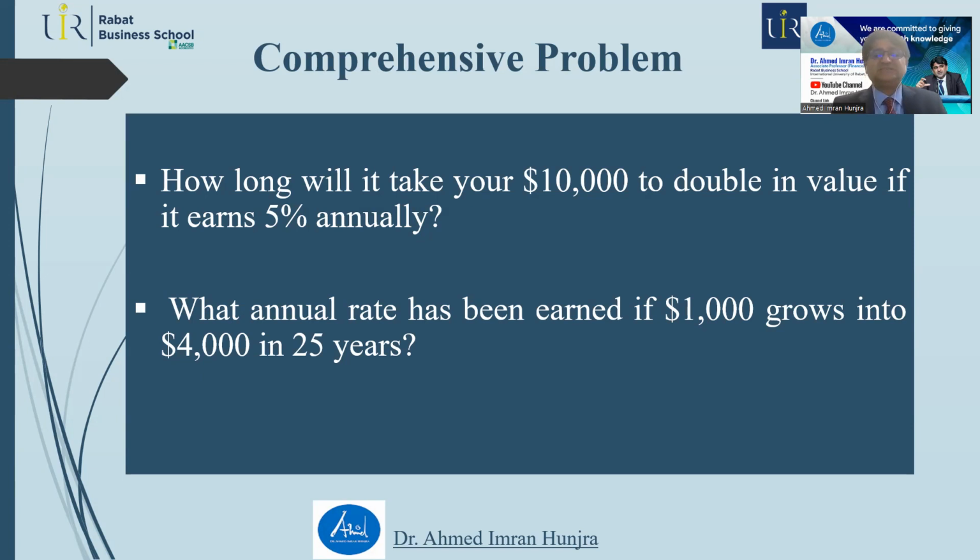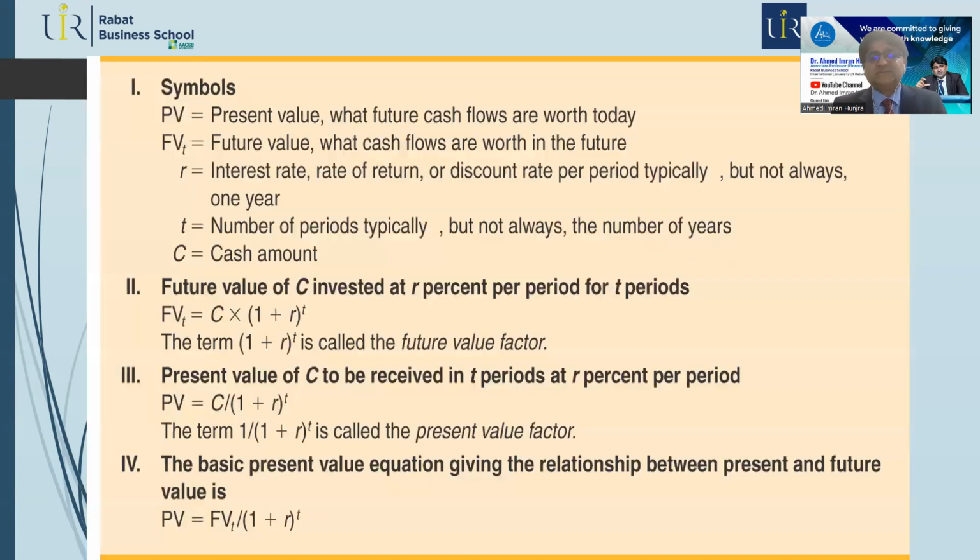This deals with how we can find the interest rate in 25 years. If we invest 1,000 today and want to receive 4,000 in 25 years, what can be the rate of return? Already discussed, so you can solve it by yourself.